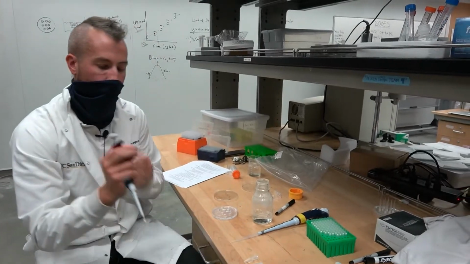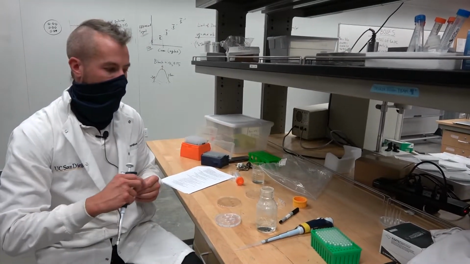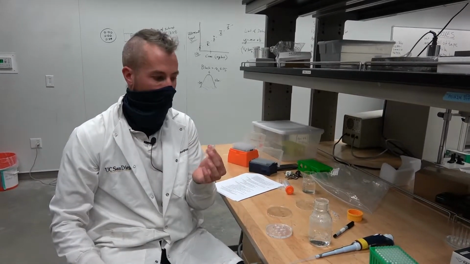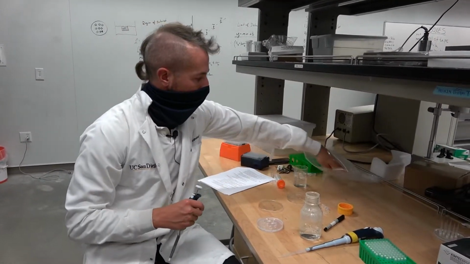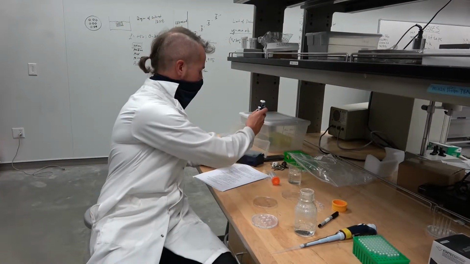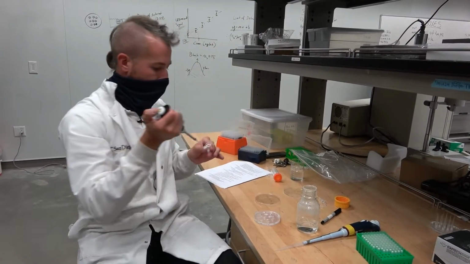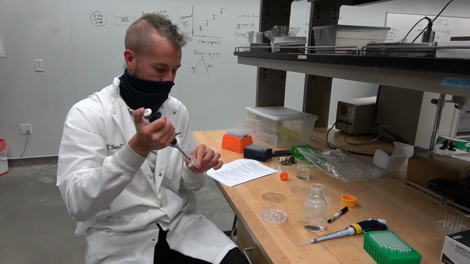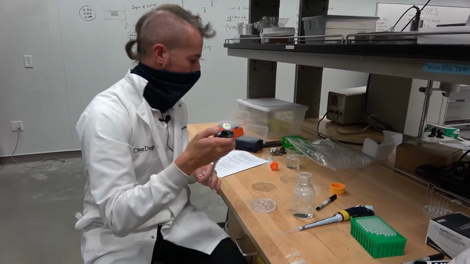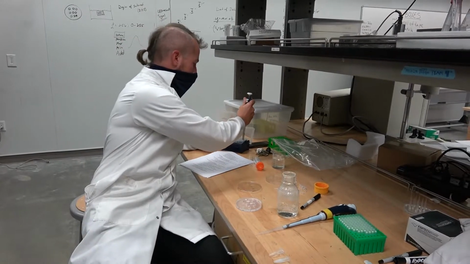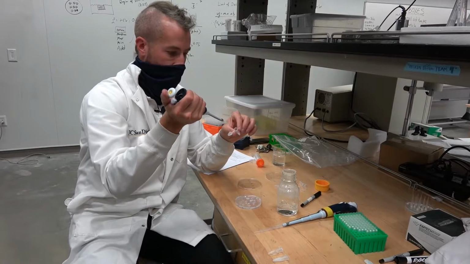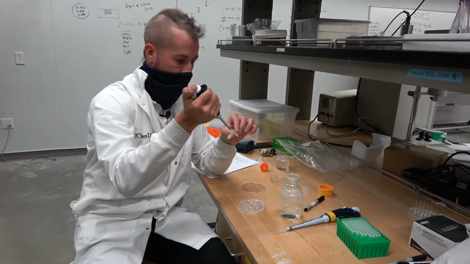Okay, my 1 to 5 dilution is too much, right? This is 500 microliters here. So I'm just going to transfer a little bit of this to a fresh tube. 200 microliters of my hot agar.